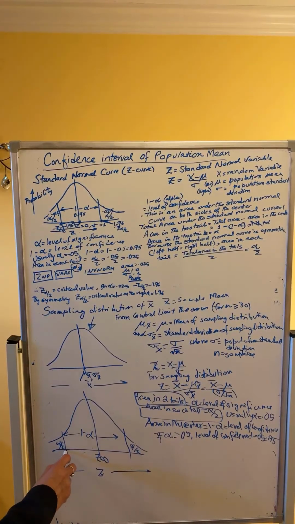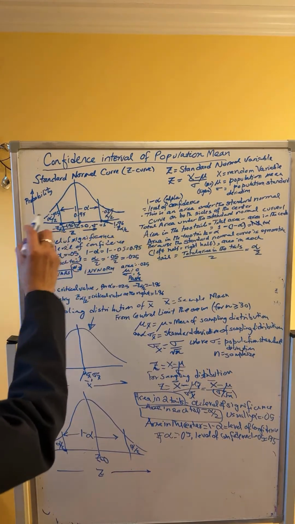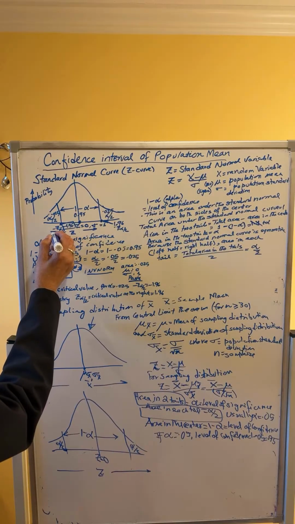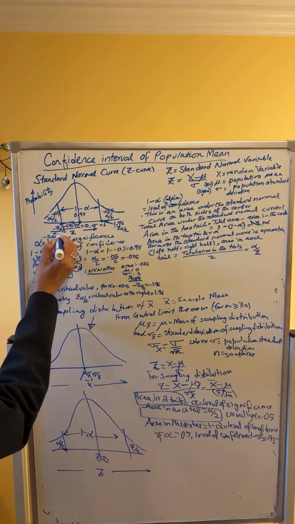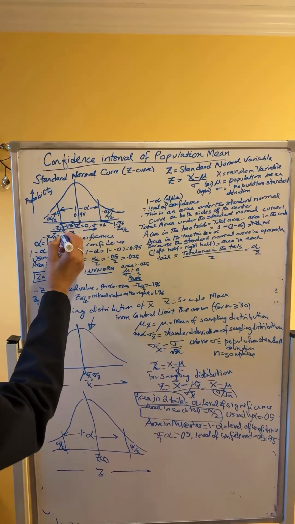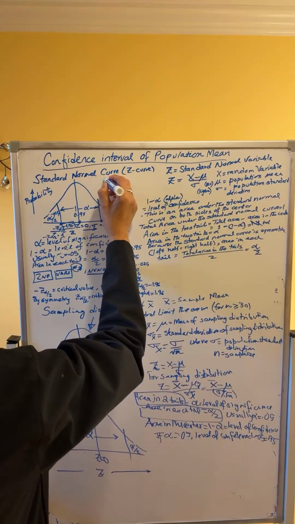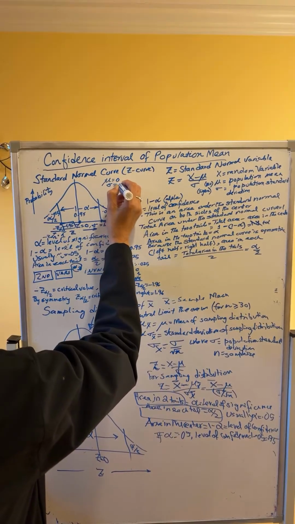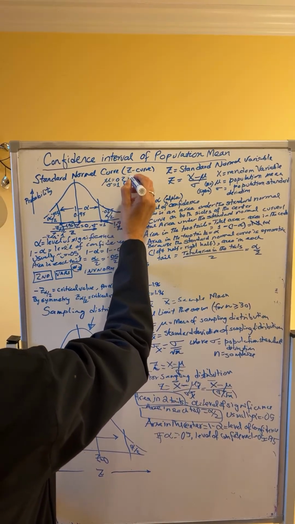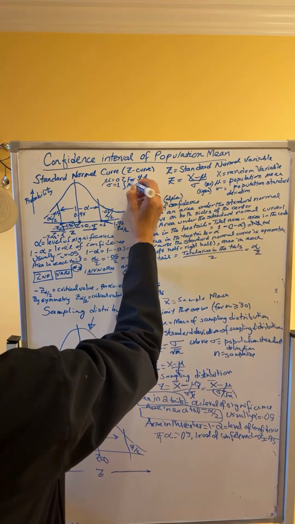So these points are located in a standard normal curve. For a standard normal curve mu is 0 and sigma is 1, as I have written before.